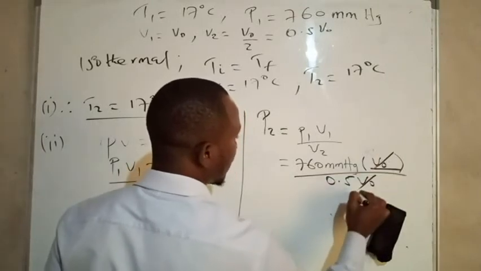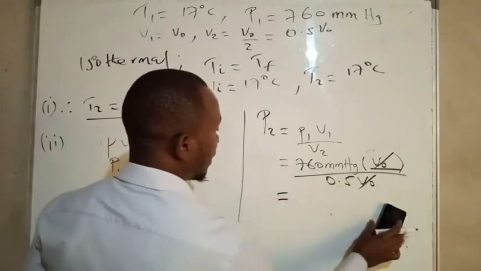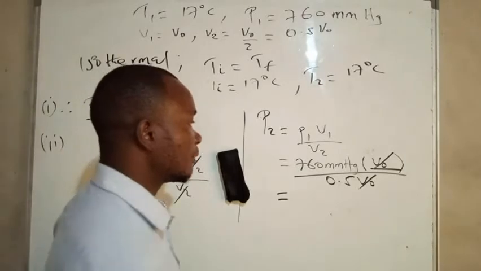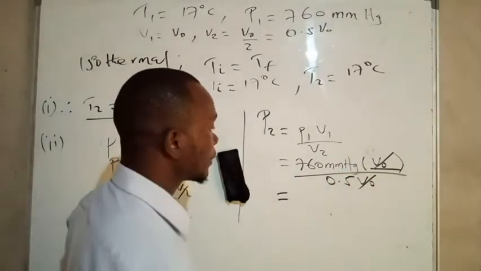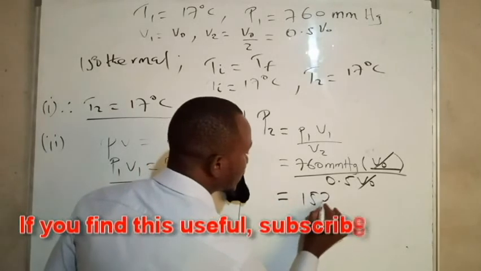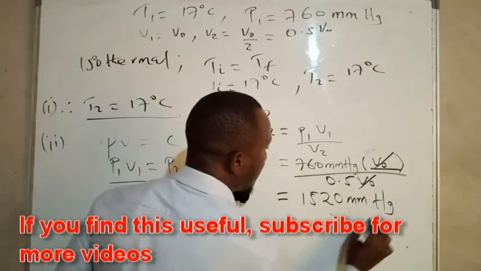So that V0 and V0 will cancel, and what we are going to have is simply 760 millimeters of mercury over 0.5. What we are going to get is 1520 millimeters of mercury.